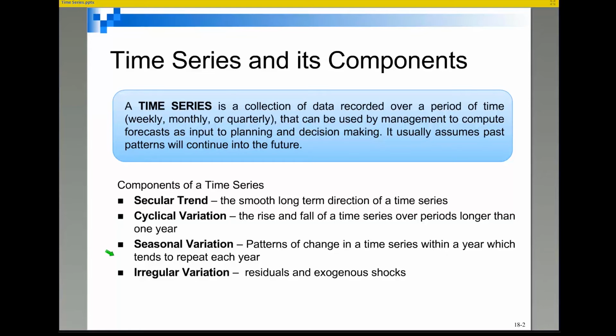The next component is seasonal variation. This is the pattern of change in the time series within the year, which tends to repeat every year. Again, sales data. Think about it. Sales data for retailers like Target, Best Buy, Walmart, they do have seasonal variation because over the whole year, the sales will vary and the pattern will be the same year after year.